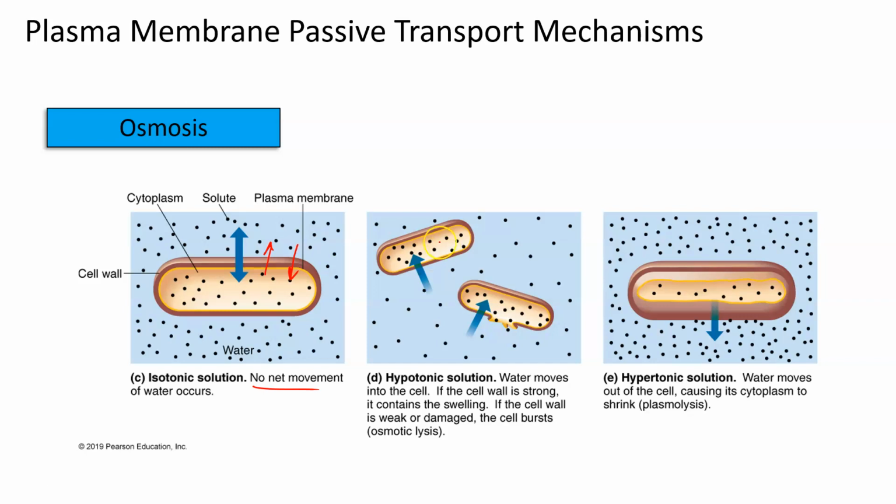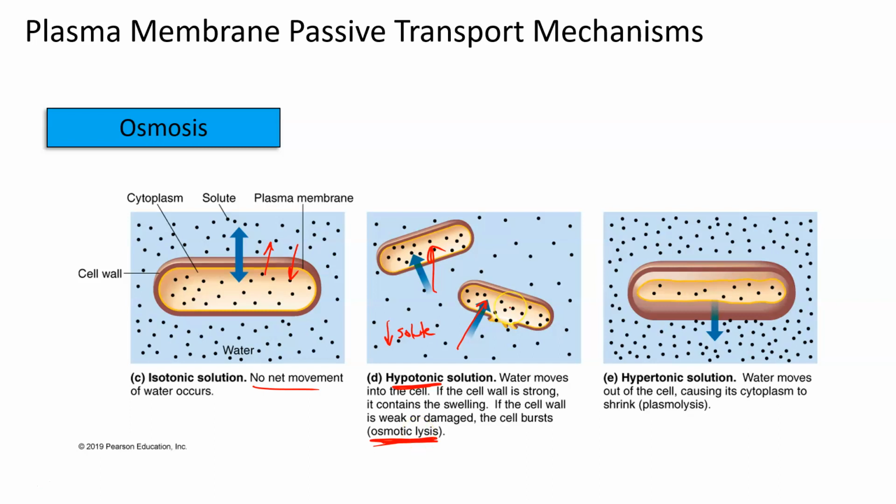If we put cells in a hypotonic solution, meaning the solution that the cells are bathed in has a lower solute concentration than the cells, meaning the cells are more concentrated than the solution is, then water is going to move from the environment into the cell, and that's going to cause the cell to rupture, which is called osmotic lysis. We've talked about that in previous chapters as well.